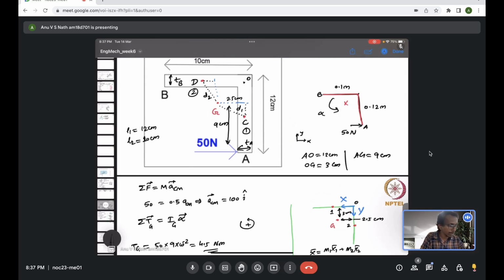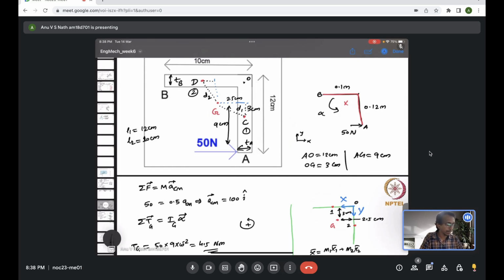And O2G is 3 centimeter; we evaluated that. O2C is just half of the 12 centimeter, right? It's 6 centimeter. So if you subtract the both, you will get this distance to be 3 centimeter. So it's 6 minus 3 is 3 centimeter.